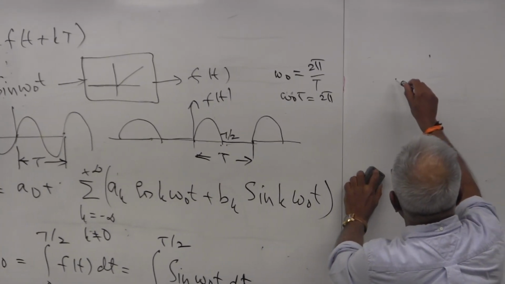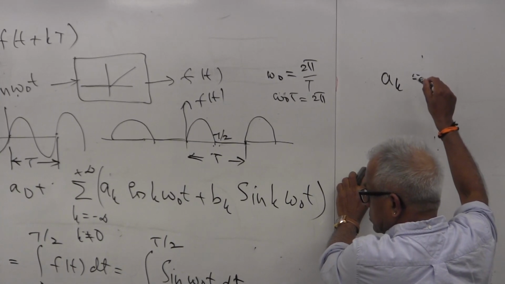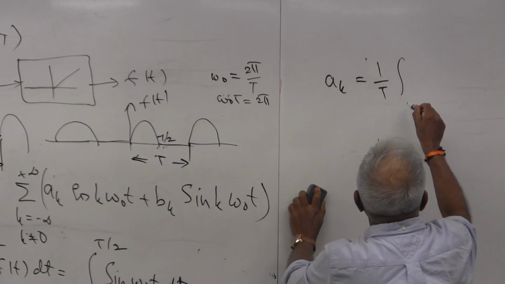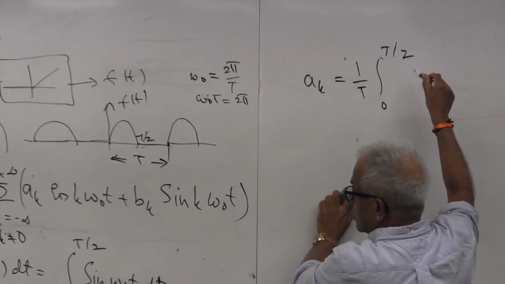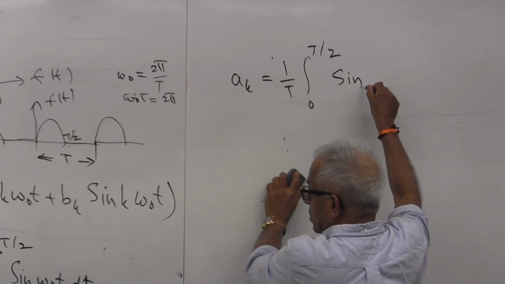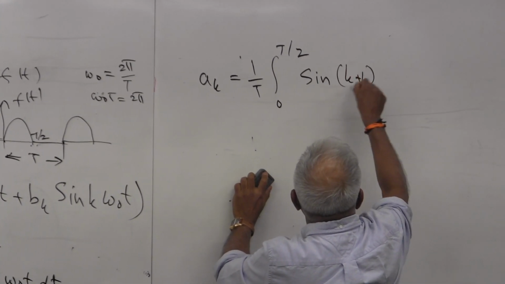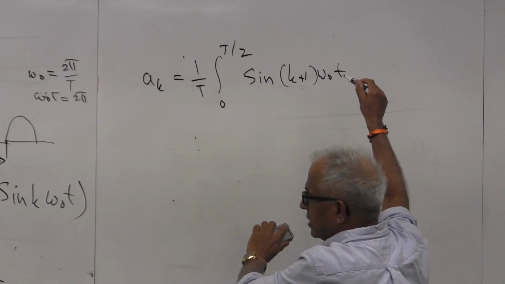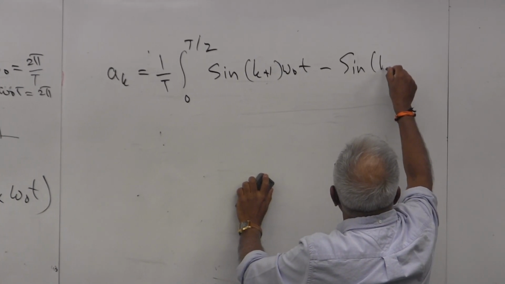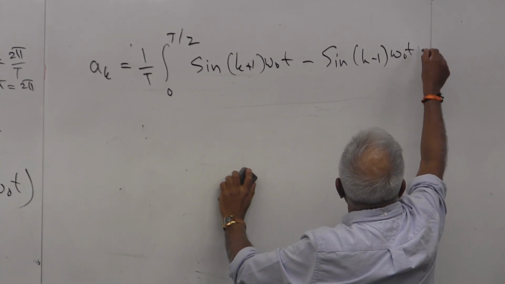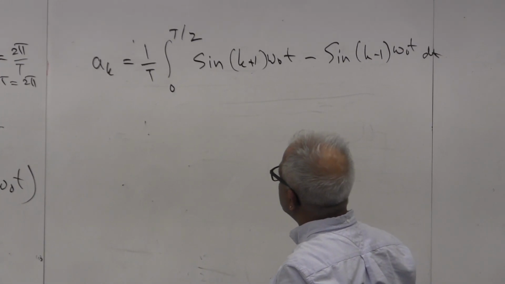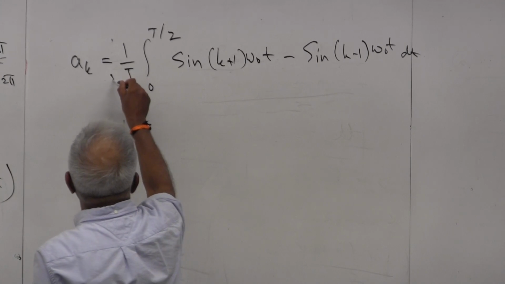So here again, A k will turn out to be, as we did before, sine k plus 1 omega naught T minus sine, divided by 2. So I'm going to take the 2 outside.